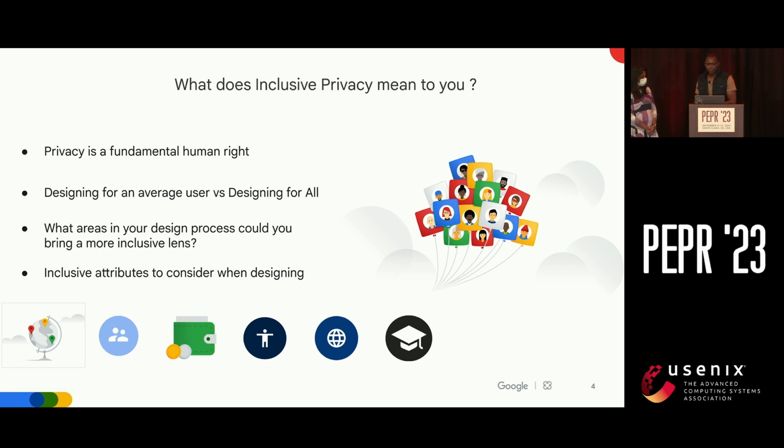A good example for you to think about is a refugee. Consider a refugee who is migrating from their own country into a different country for safety reasons. And they might want to start afresh with their life. So they go online, they change their name in the different accounts on different platforms, with the idea that nobody is going to be able to trace them or to find them.